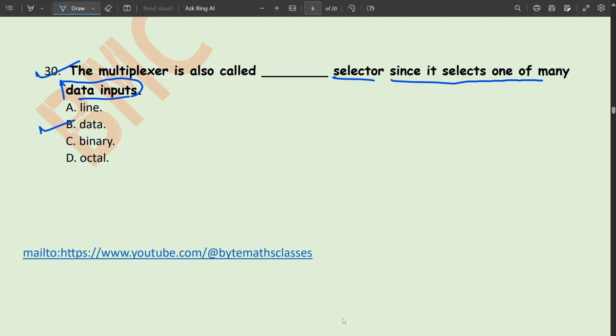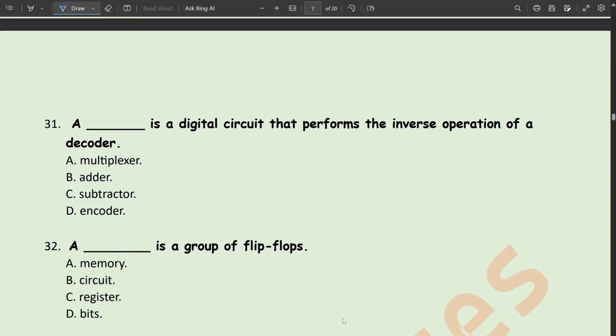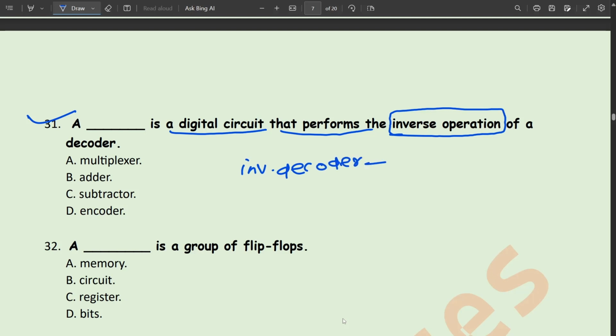Option B is correct. Next, a digital circuit that performs the inverse operation of a decoder. Inverse operation of decoder, so the answer will be option number D. Inverse of decoder is encoder. Okay.